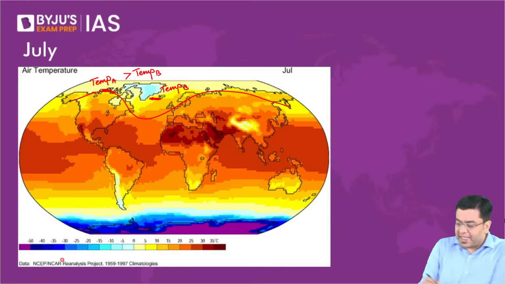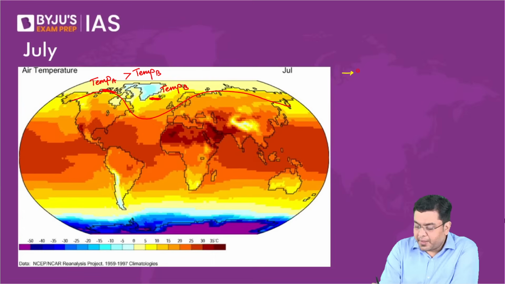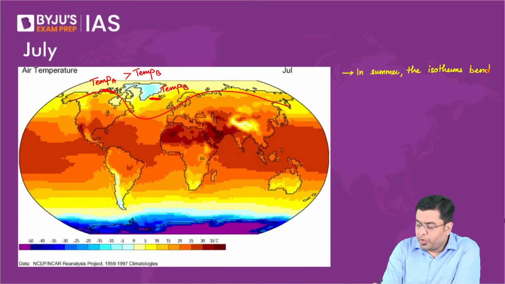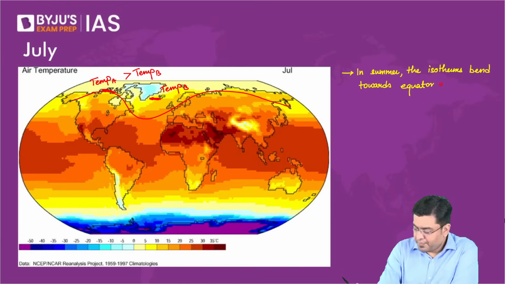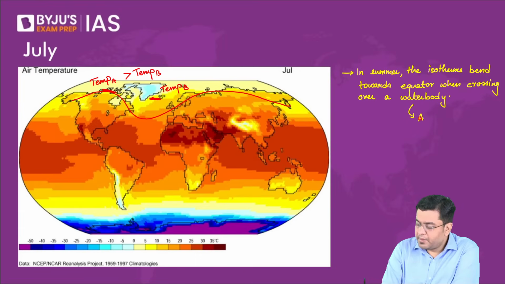So in this case, we can say that in summer, the isotherms bend towards the equator when crossing over a water body. Why? Because water is cooler.